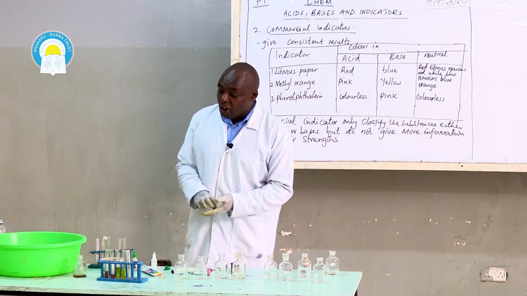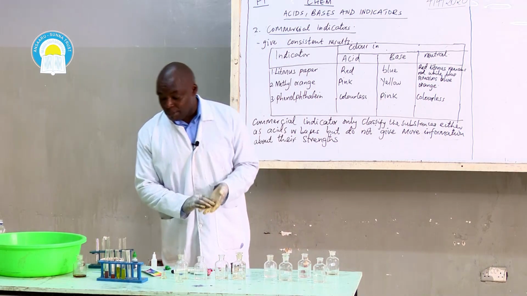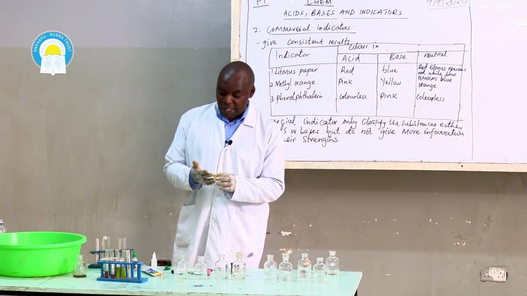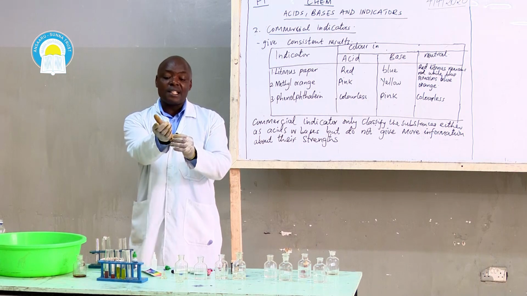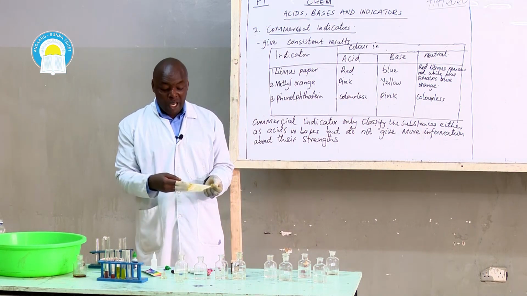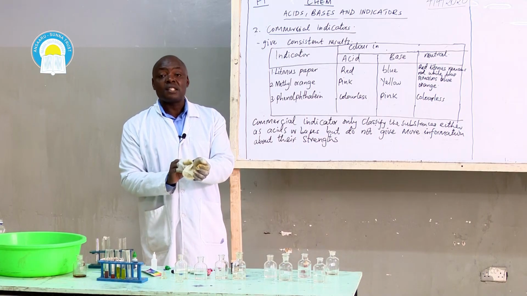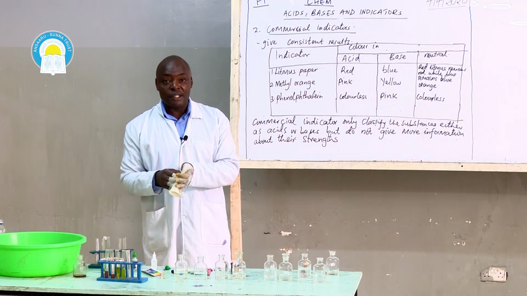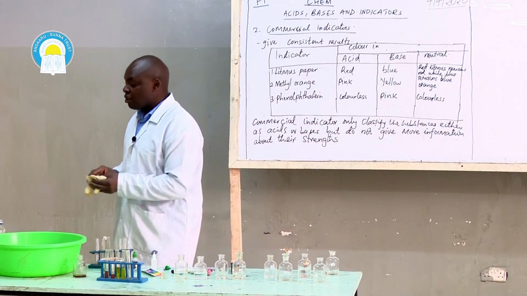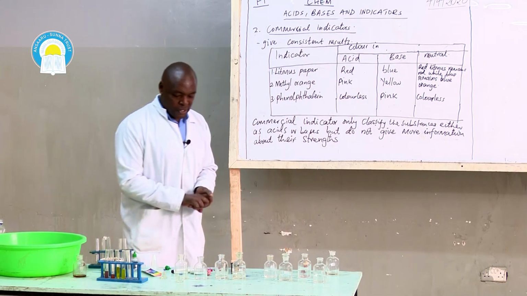But we know that they are not the same in terms of the strength of the acids or bases. So the commercial indicators will only classify them. They will give the two extremes, that is, it is either an acid or it is a base, but they do not provide more information about the strength of those acids or bases.